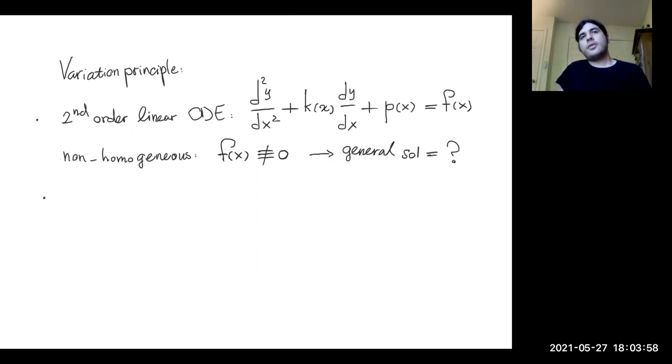So the idea is to find this general solution in two steps. We break it into two parts. First, we find the general solution to the homogeneous part.